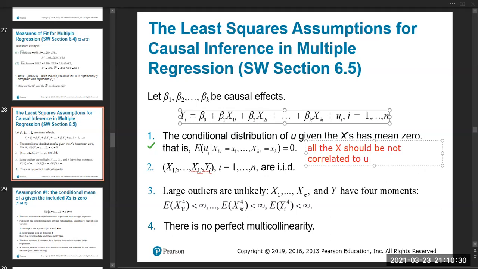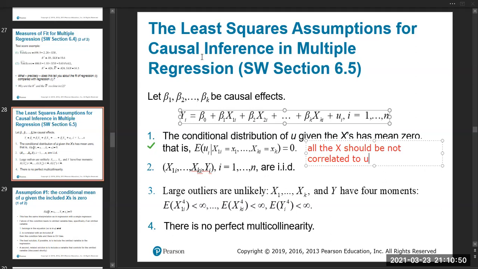All of these k x variables should not be correlated with anything inside u. If anything inside u is correlated with x and that thing also affects y, then you have omitted variable bias. You have to try to observe it and put it in your equation.